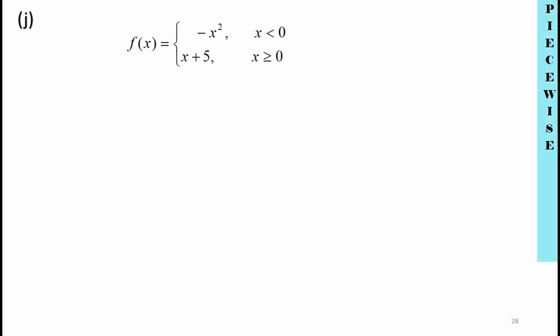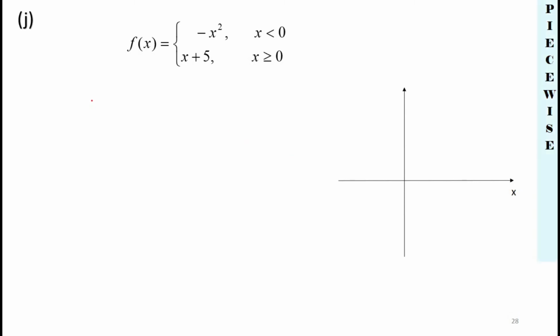So for a piecewise function, you have to consider the domain of each function. Okay, so for x less than 0, the function is negative x squared.